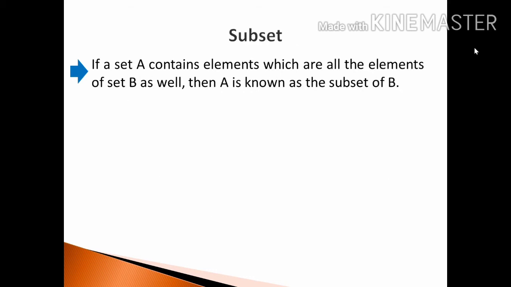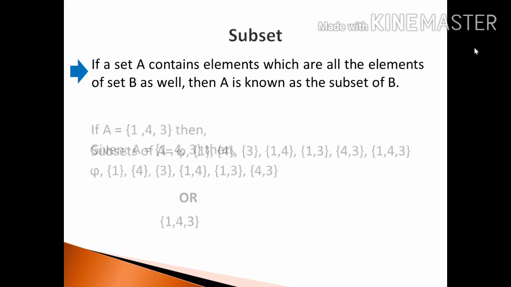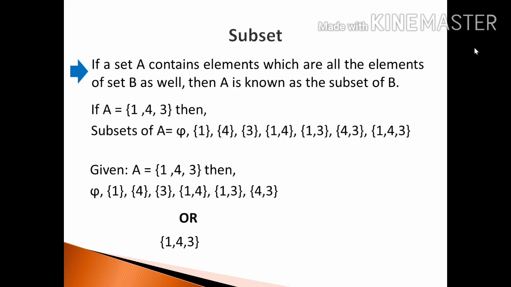Now let's proceed with the subset. Subset means if a set A contains elements which are all the elements of set B as well, then set A is known as a subset of B. To have a clear idea, let us have these examples. So set A would be the original set whose elements are 1, 4, 3.